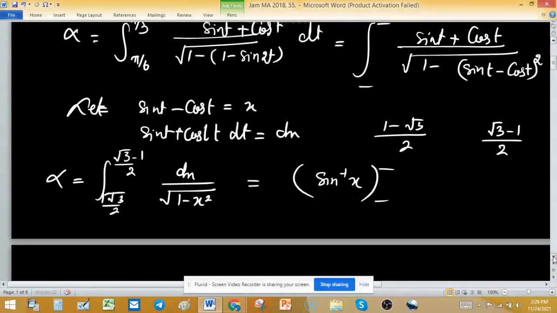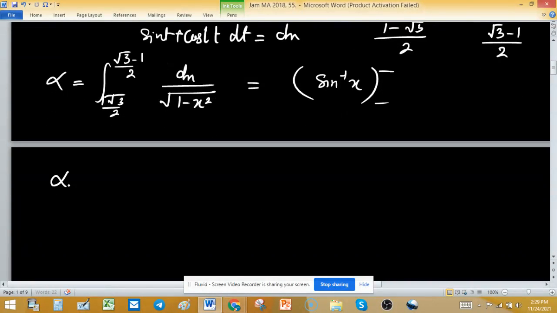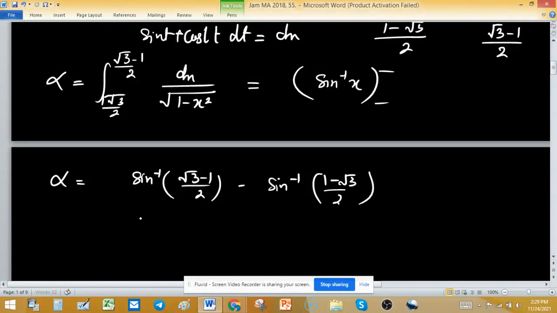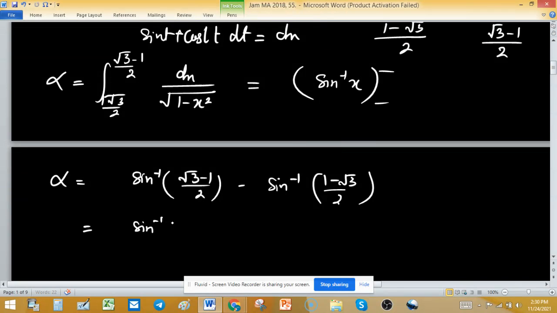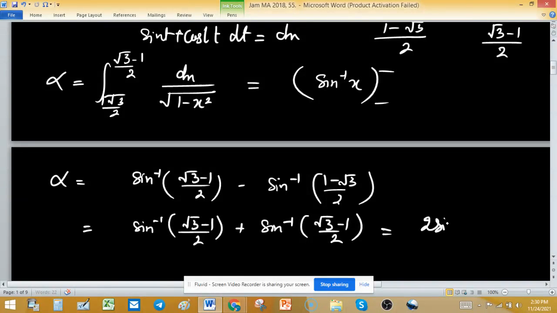After putting in the limiting values, we have alpha equal to sin inverse of (root 3 minus 1) divided by 2, minus sin inverse of (1 minus root 3) divided by 2. Taking the negative as common, this is equal to sin inverse of (root 3 minus 1) upon 2 plus the same term, so this can be written as 2 sin inverse of (root 3 minus 1) divided by 2.